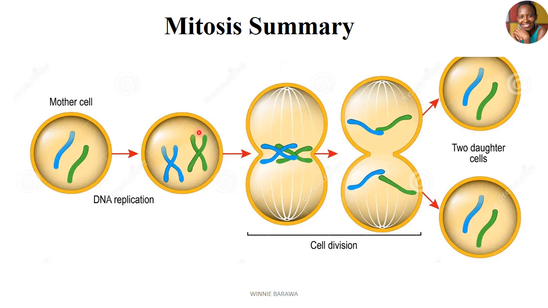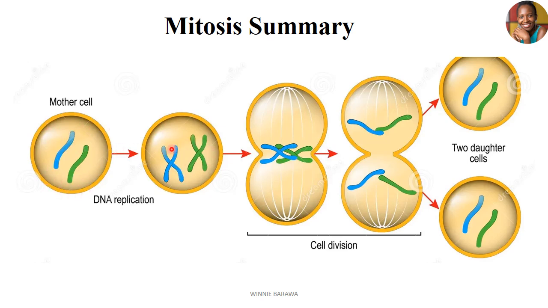So here is a summary. I wish us to remember that mitosis is part of the stages of the cell life cycle. When the mother cell undergoes DNA replication, it will double its DNA, or the chromosomal numbers.